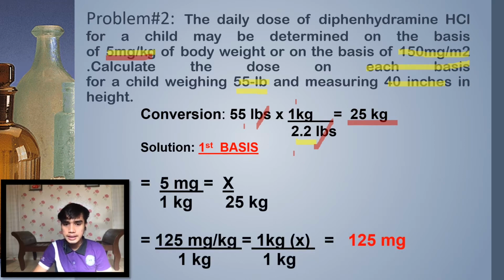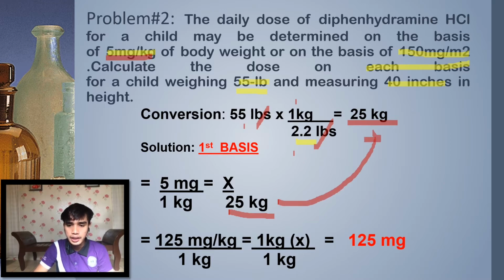So 5 mg over 1 kilogram is equal to X over 25 kilogram. X here is expected as milligram later. 25 kilogram is the weight of the child that we solved earlier.